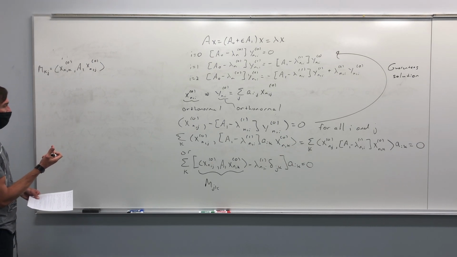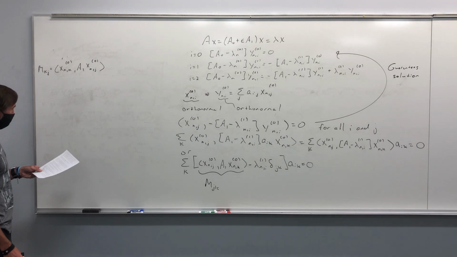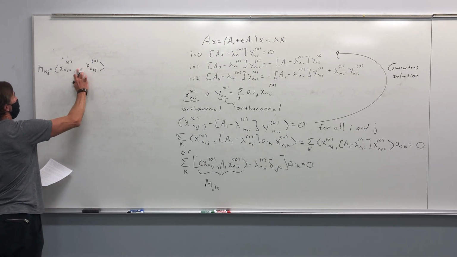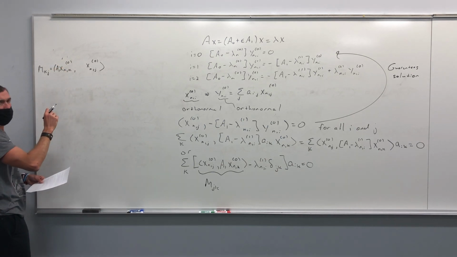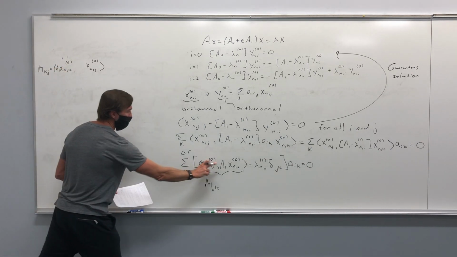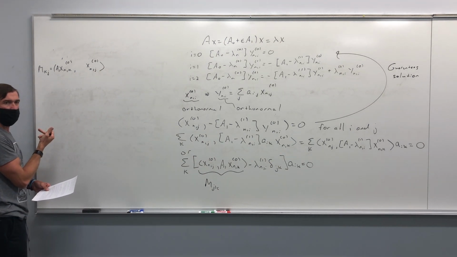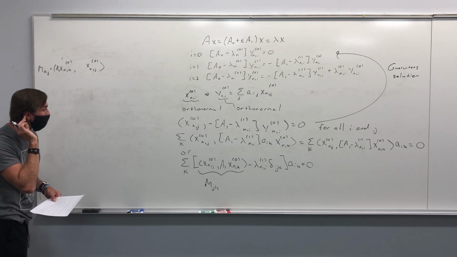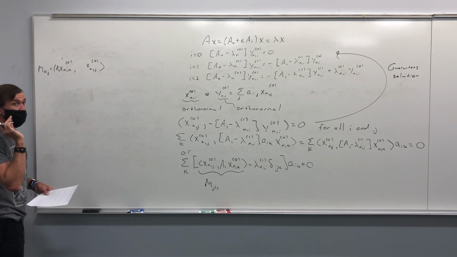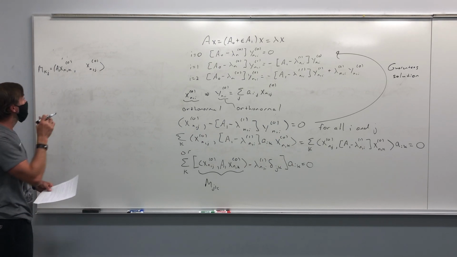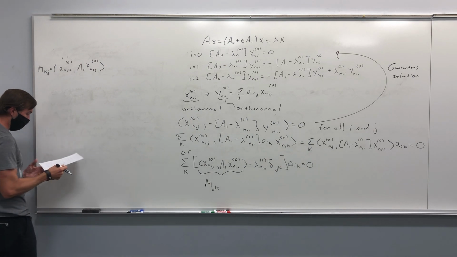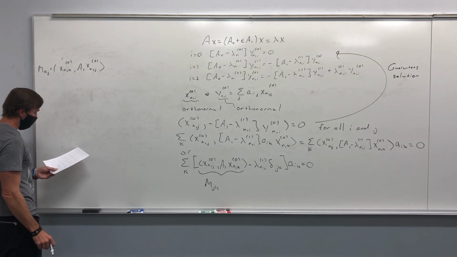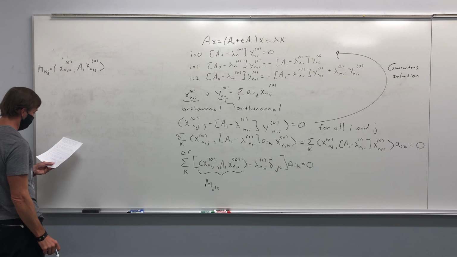Wait. Did I transpose it? Oh no, the A1 goes here, right? Doesn't A1 go there, if I'm just taking this and flipping it? Is it adjoint? A1 is self-adjoint. We're always self-adjoint perturbating, so we can take A1 and put it over here if we want. Oh, wait a minute.